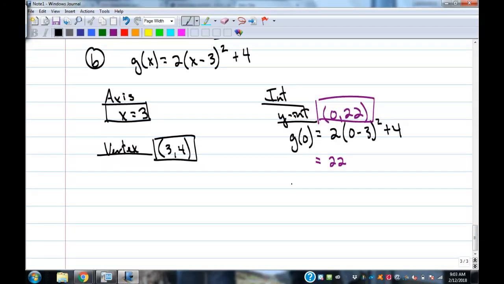Now, x-intercepts. So I'm setting the problem equal to 0. We got 2 times x minus 3 squared plus 4 equals 0. And I'm going to solve that by square roots.